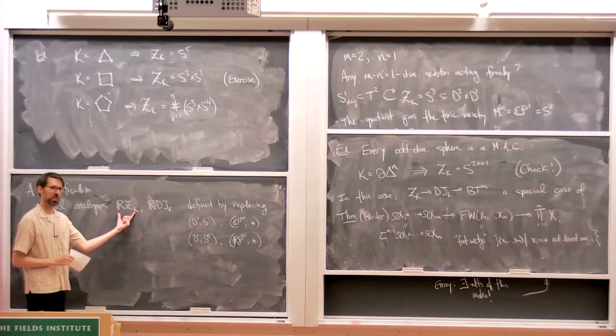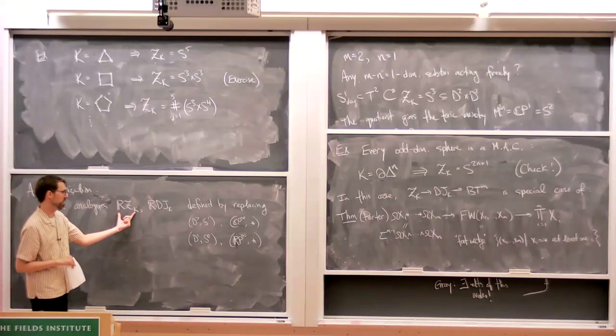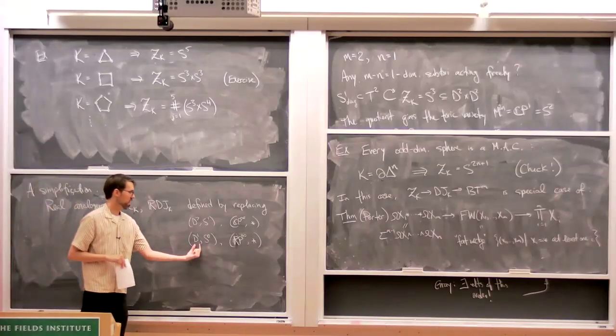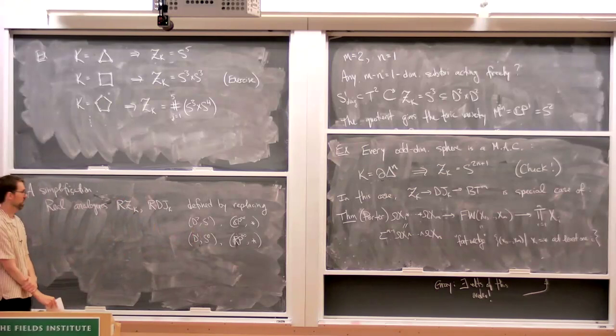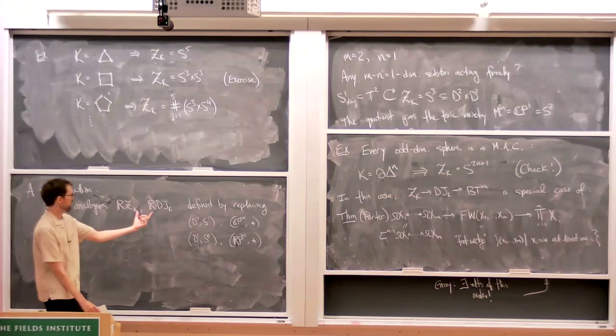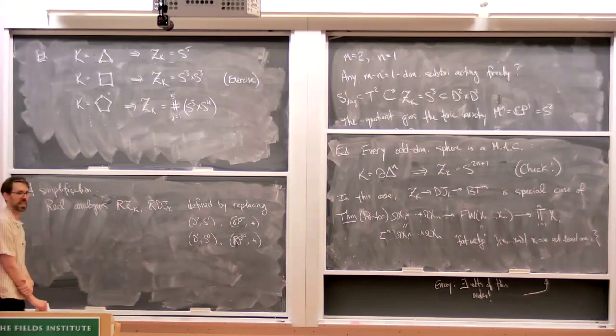So this real moment angle complex is defined exactly as before, but it's now going to be some subcomplex of an M-fold product of D1s. So it's just some subcomplex of the M cube. And the real Davis-Januszkiewicz space will be some subspace of RP infinity to the M, which is like the classifying space of Z mod 2 to the M.